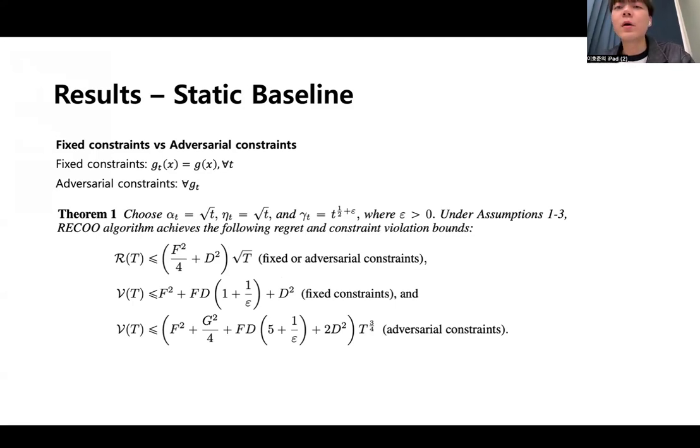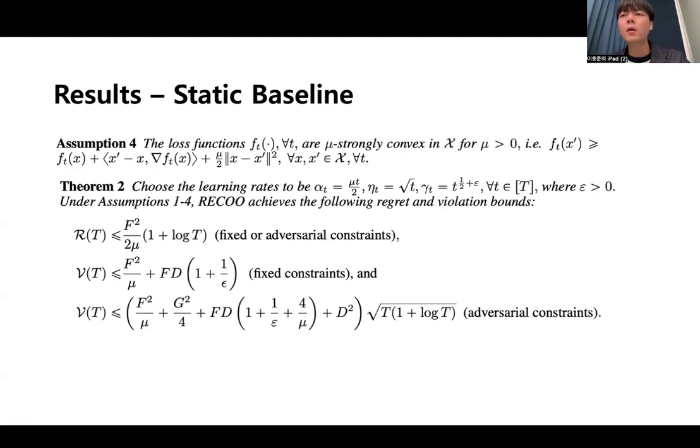First, in the case of a static baseline, by setting alpha, eta, and gamma appropriately, we can achieve a regret of O(sqrt(T)) for both fixed and adversarial cases, and the violation can be made O(1) in the fixed case and O(T^(3/4)) in the adversarial case. If we add the assumption that the loss function is strongly convex, we can get better performance.